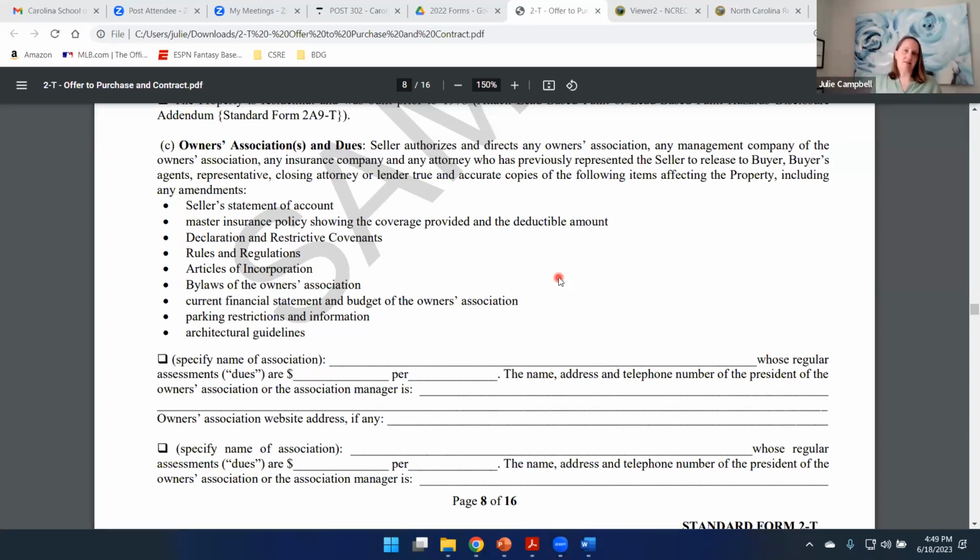This exact list also shows up in our listing agreement. So we can have a conversation with the seller, help them start gathering these documents now, because we know a good buyer's agent is going to ask for this. So the sooner we get it, the sooner we have it available to make available to any potential buyers.